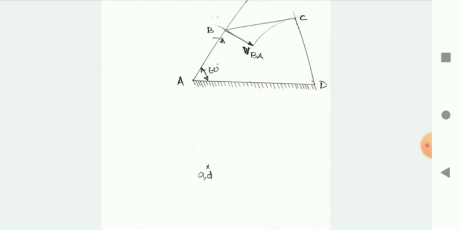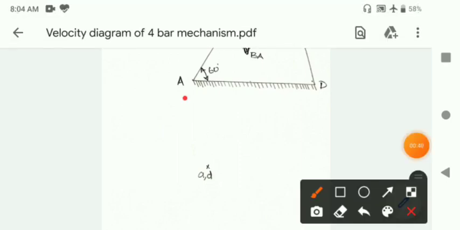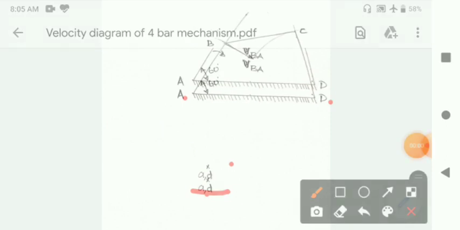We know that the fixed points are A and D. So just below the space diagram, keeping some space to draw the velocity diagram, you indicate the fixed point A comma D. And again I'm reminding you, in the velocity diagram we indicate the points with small letter alphabets.